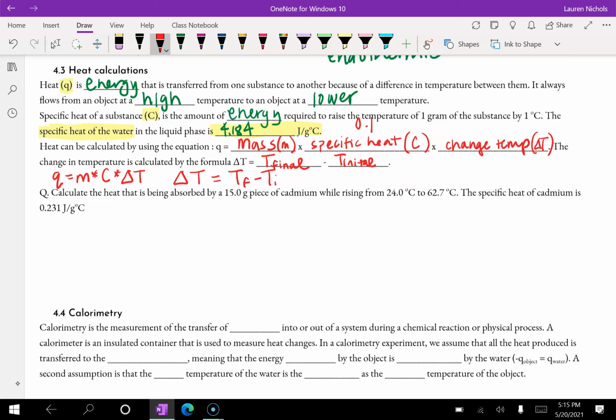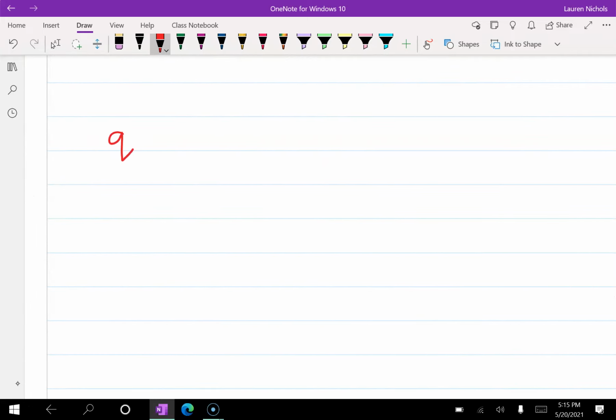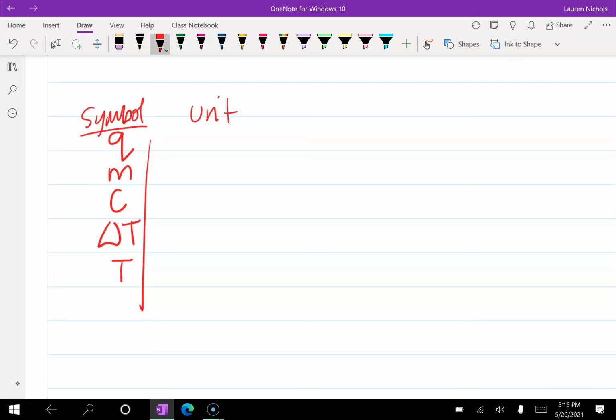Now, before we get started, I want to remind you that your units for these measurements are how you determine their labels in a question. So when you have Q, M, C, and delta T, or any sort of temperature number, you look at your unit.